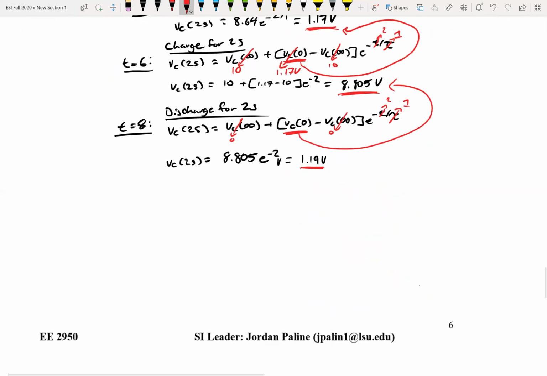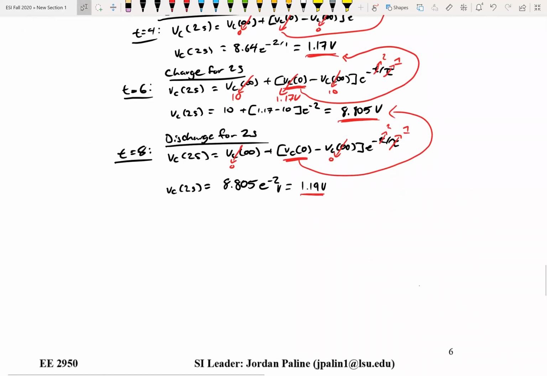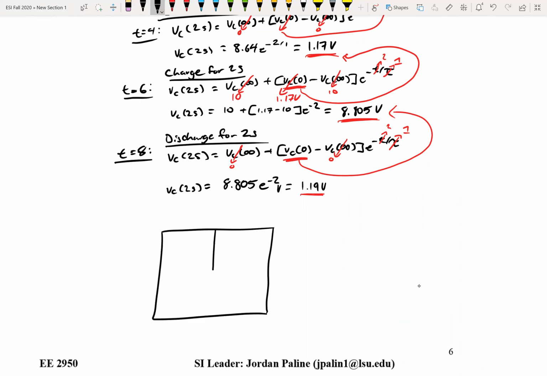So here, if I go and draw this little table for us. Time. And there we go. Okay. This is VC.